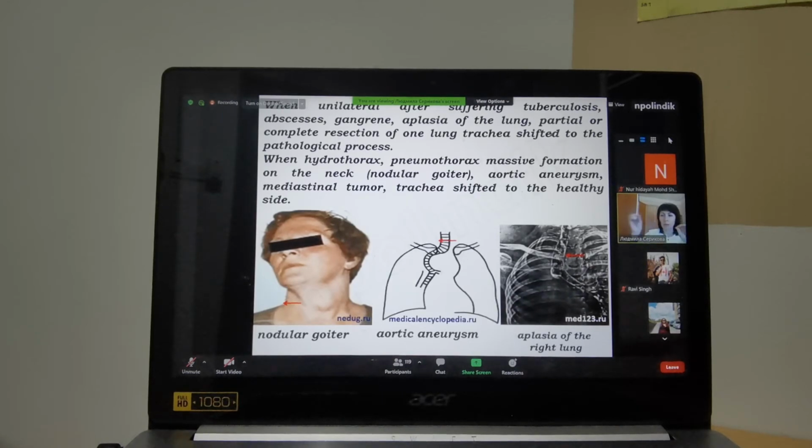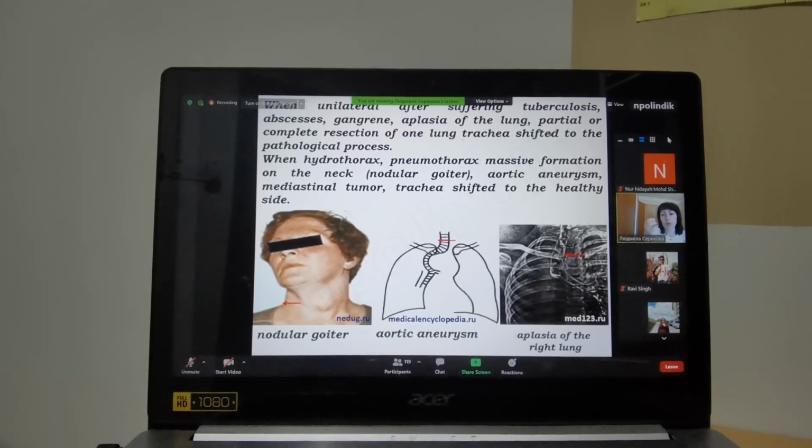Only very quickly I will explain when the trachea can be displaced. The trachea can be displaced to the healthy or affected side. To the healthy side, when we have accumulation of fluid or air in the pleural cavity; the trachea together with organs of the mediastinum will be shifted to the healthy side.